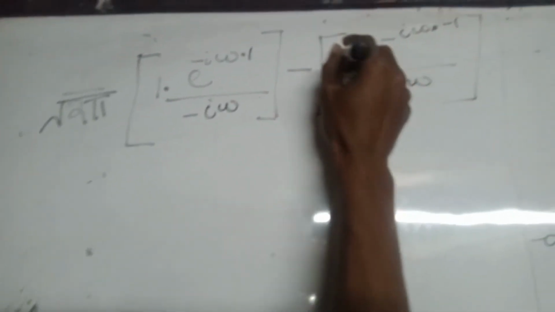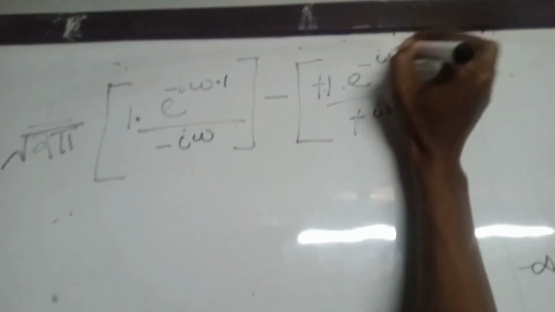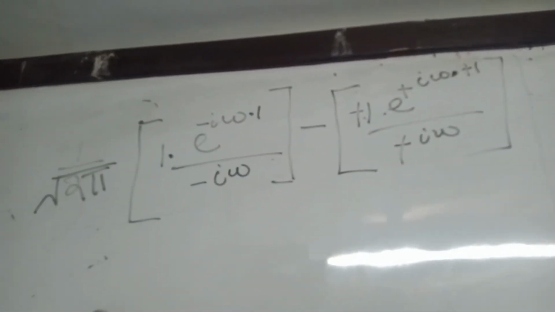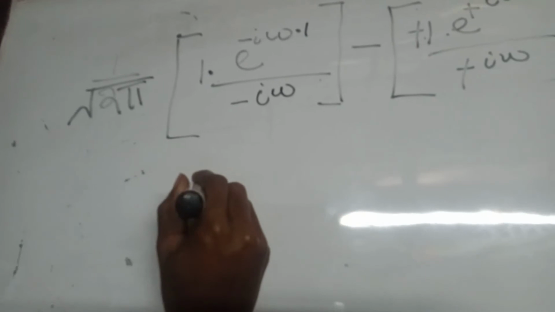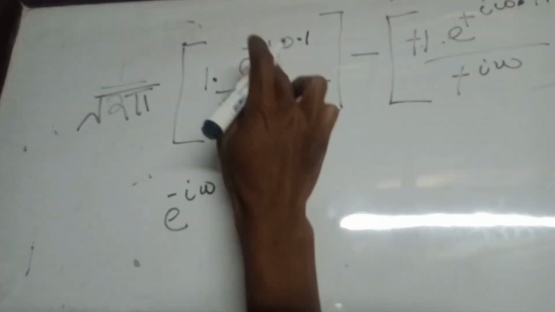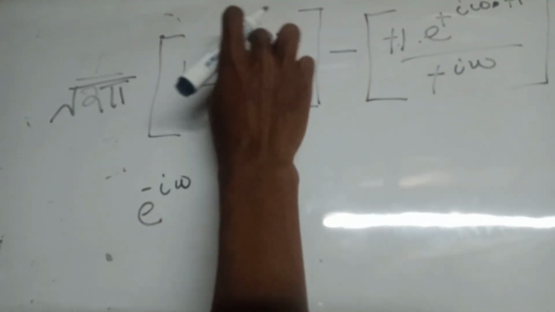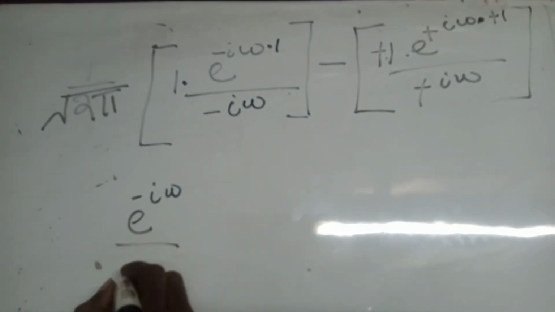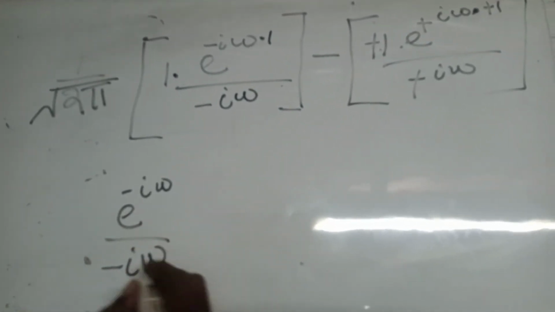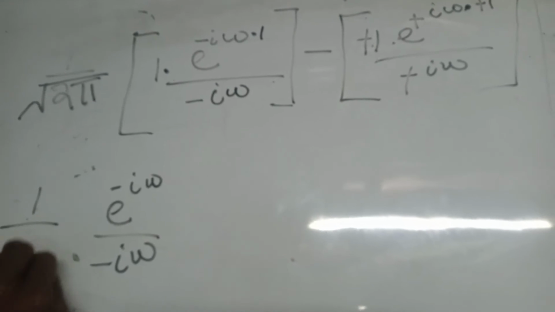So this negative and this negative they cancel, so we remain with e raised to i omega over negative i omega. Don't forget this, very important.